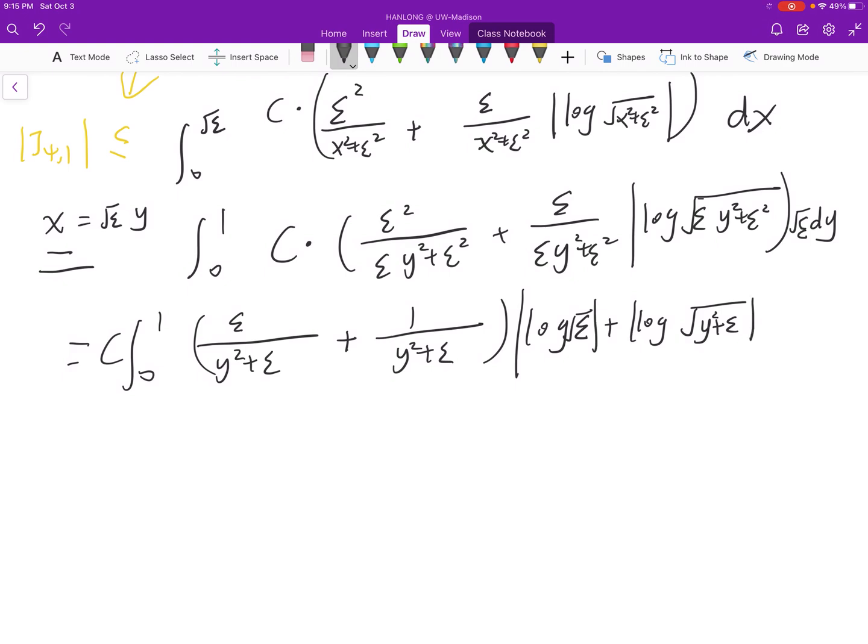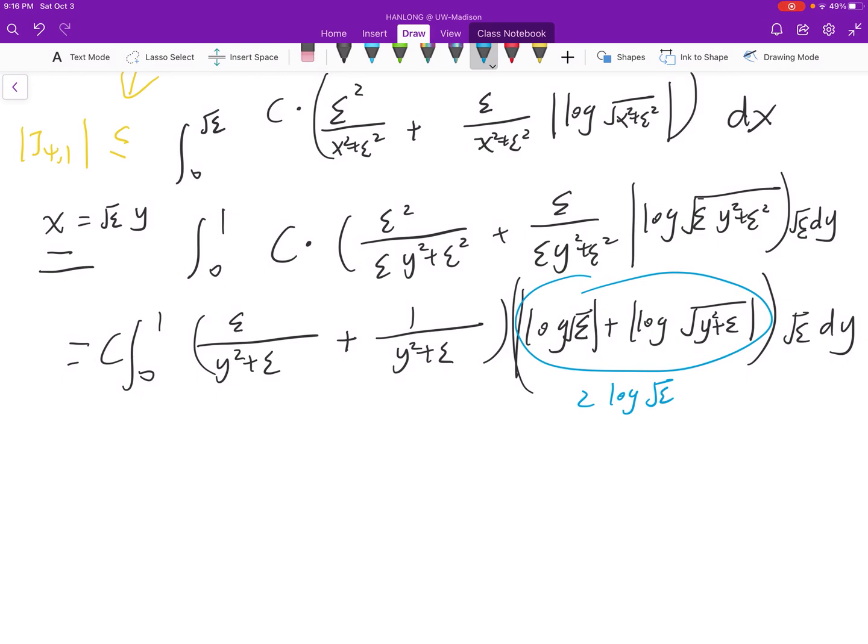You can take the absolute value, square root epsilon dy. Okay, and when epsilon goes to 0, this of course is bounded by 2 log square root epsilon, absolute value of square root epsilon you have here.